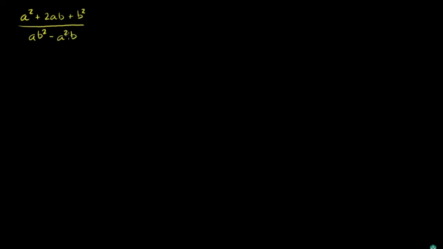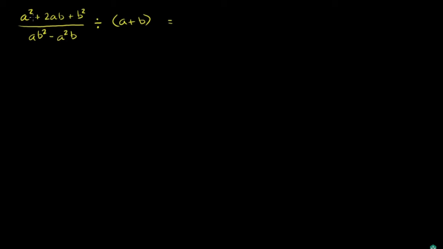And we're going to take this and divide it by a plus b. So the first thing we might want to do is just factor this numerator and this denominator. And then we could divide, or actually we could go the other way. We could divide and then factor.